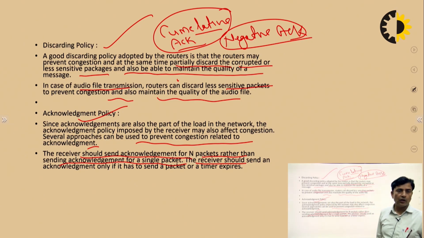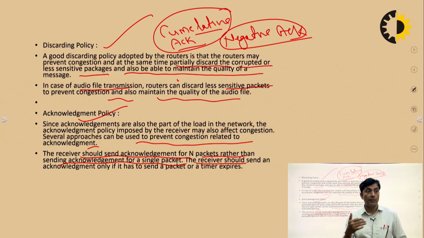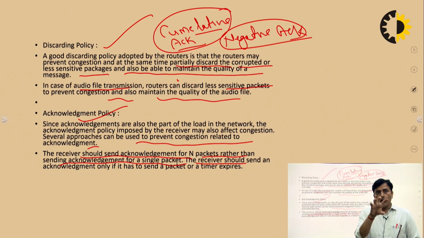Cumulative means the receiver is not going to acknowledge each and every packet, because that generates unnecessary traffic and the network may be overloaded. So a number of packets are acknowledged in a group. Like when the receiver receives packet numbers 1, 2, 3, 4, 5, then it sends ACK for the sixth, the next packet.